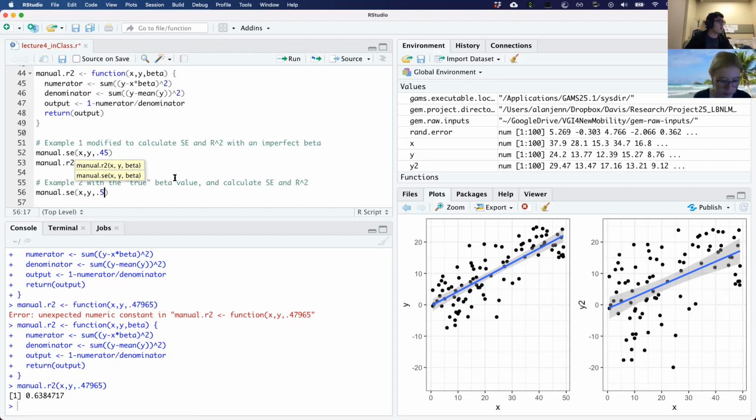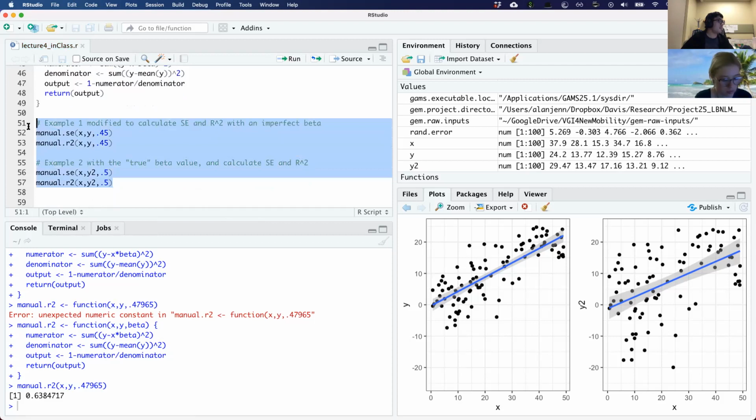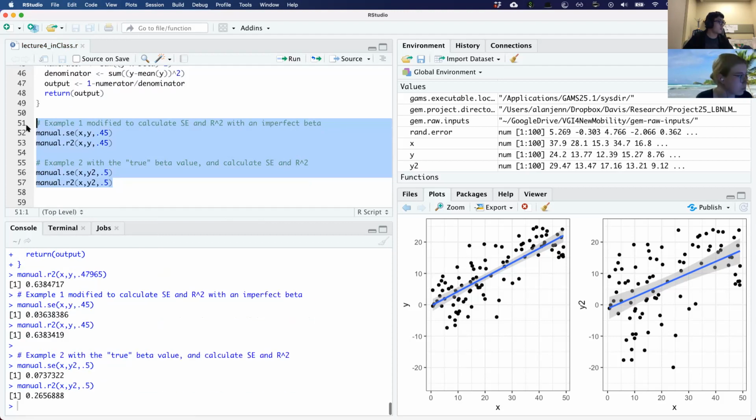Y 0.5, which we know is the true value, and r² xy 2.5. Okay, so I'm going to run all of these guys, and we're going to see what happens.